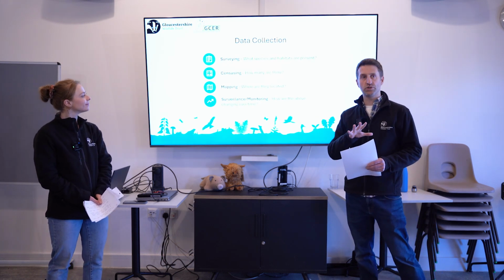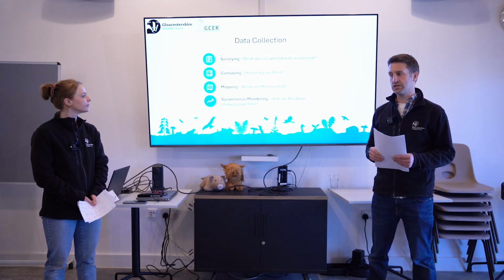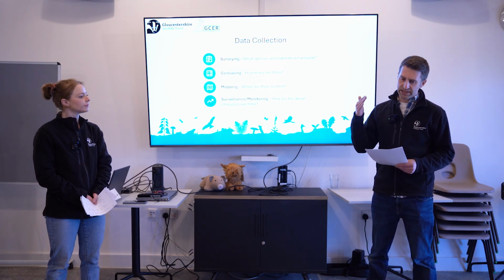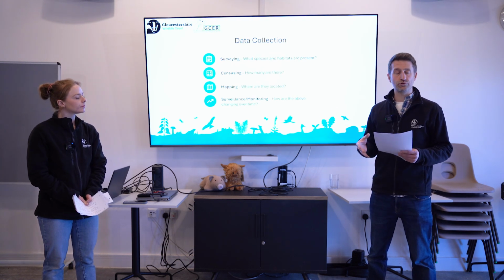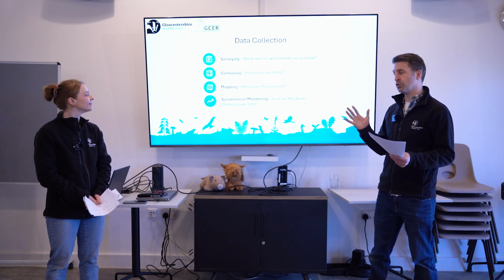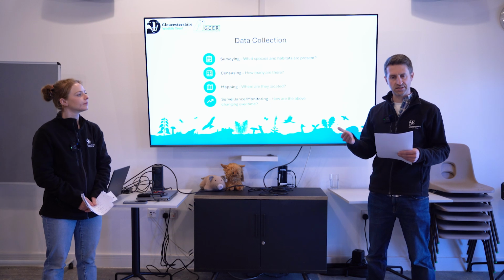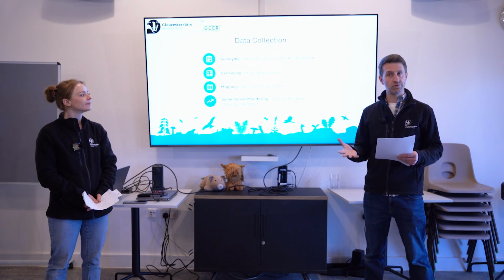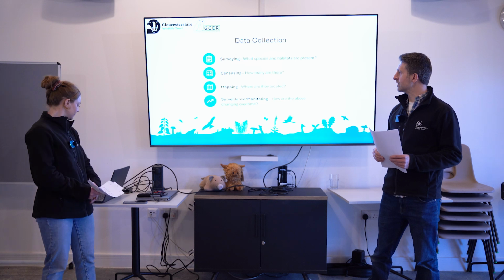That will give us what's known as a baseline, a broad picture of what's in a location. But then we can make that better to work out trends by repeating that, through surveillance or monitoring, depending upon the context. Basically, repeating surveys over time gives us more information and more understanding. So next slide, please, Molly.